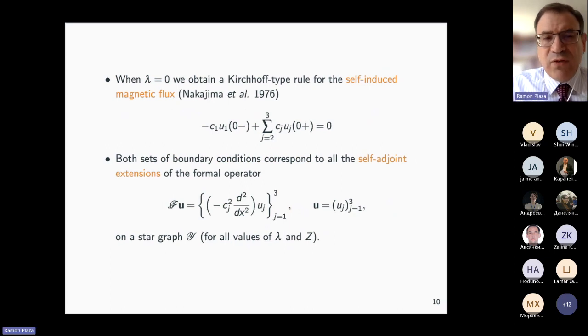In the boundary conditions of delta prime type, when lambda is equal to 0, we obtain a Kirchhoff type rule for the self-induced magnetic flux. So it's kind of conservation of the magnetic flux. Now, both sets of boundary conditions correspond to all the self-adjoint extensions of this formal operator, which is the Schrodinger operator on each edge of the star graph. I will talk about this later on.